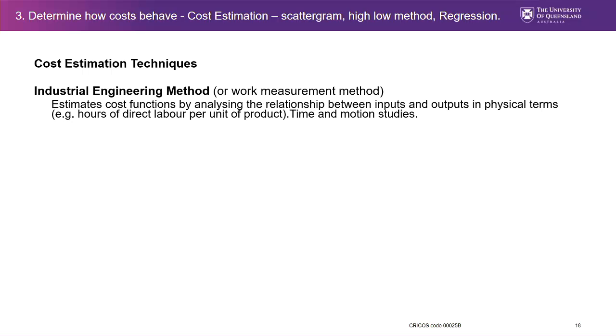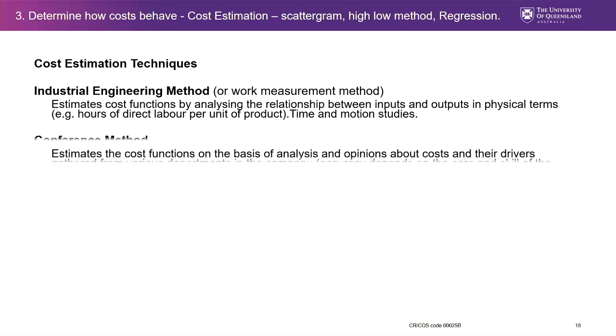They actually timed how long it took people to do certain activities, and related the more time it took to the cost of that activity and therefore that product. So you can analyse the relationship between inputs and outputs by actually measuring them. And that's called the industrial engineering method.